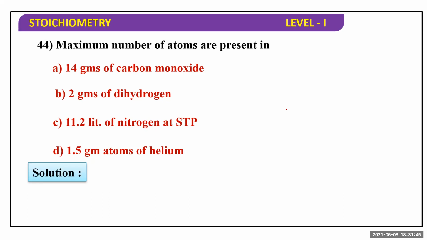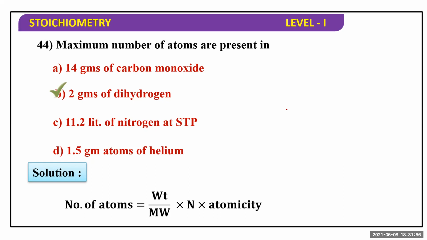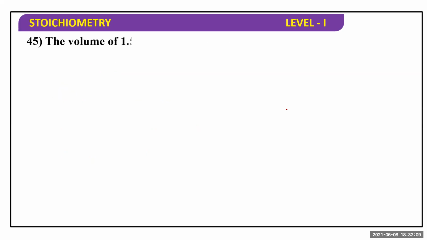Again, you know that number of atoms equals weight divided by molecular weight into atomicity into Avogadro number. Sir, B. So which one is the correct? B. 2 gram of dihydrogen contains 2 into Avogadro number of hydrogen atoms. Yes.